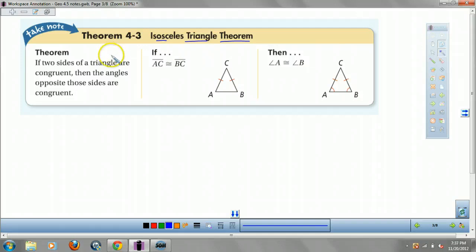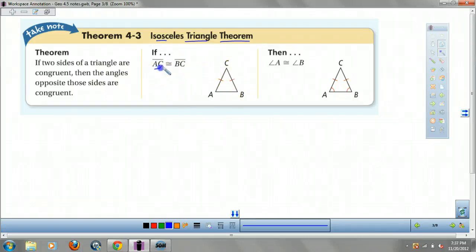What it basically says: if two sides of a triangle are congruent, then the angles opposite those sides are congruent. Opposite means they aren't touching. An angle touches two of the sides. The side it does not touch is the opposite side.